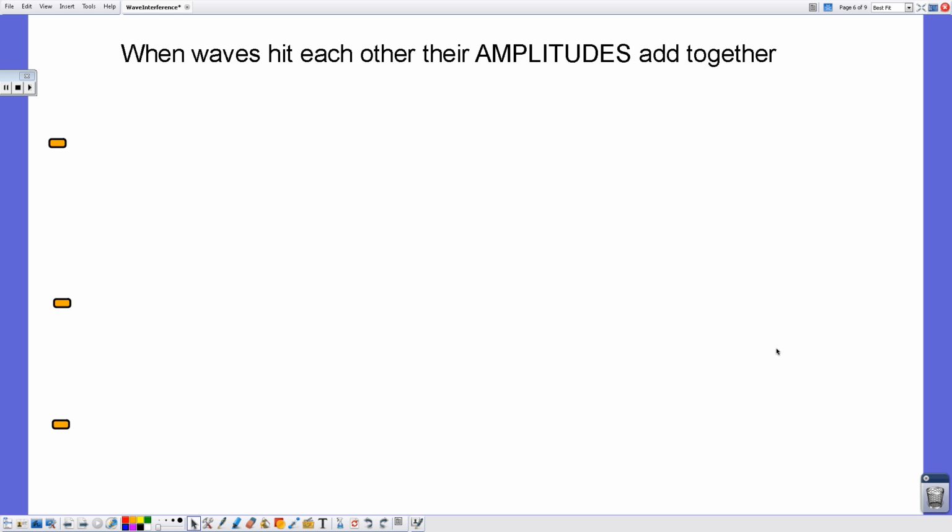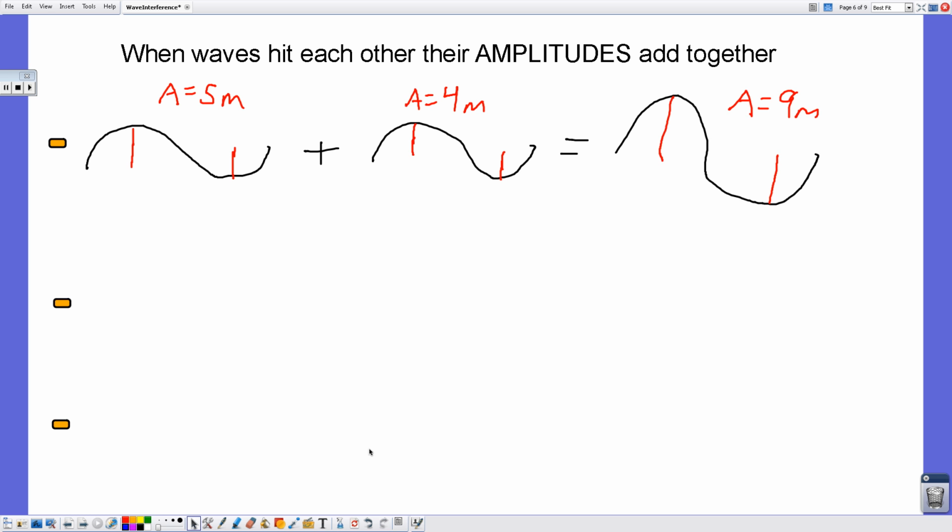So we have 2 names for this type of interference. The first type is constructive interference. That would be this, where you got this plus this, and they add together to make a bigger amplitude. So that's called constructive.